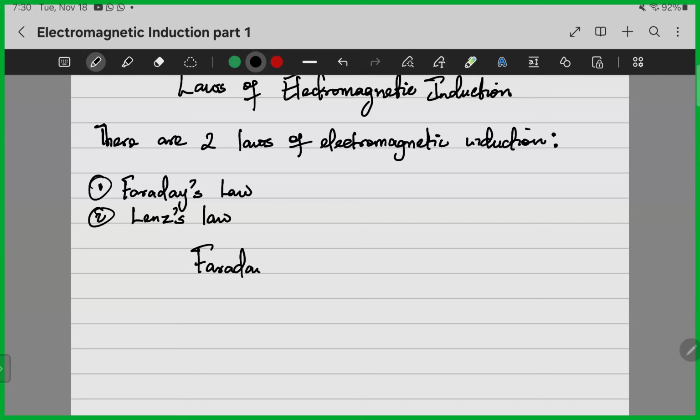So we start with Faraday's law of electromagnetic induction.